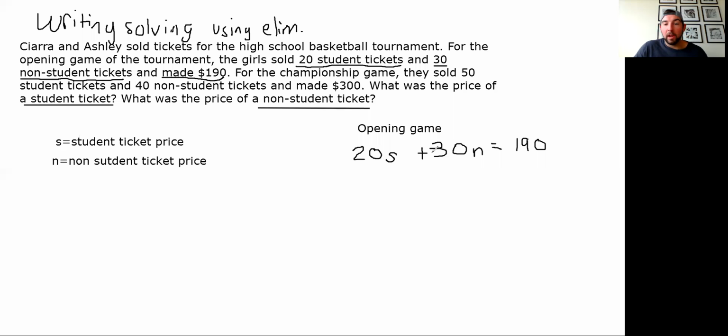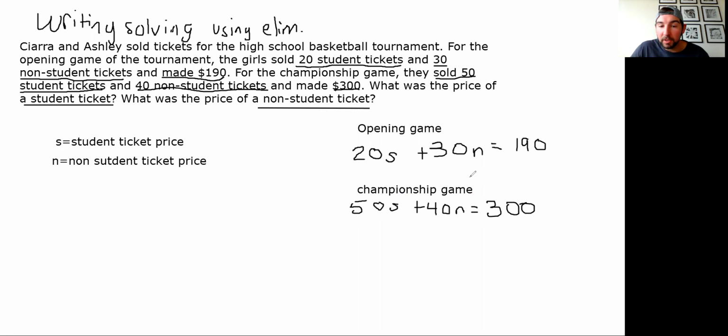My other equation comes from the championship game. In the championship game we sold 50 student tickets and 40 non-student tickets and made $300. So I sold 50 student tickets. I add that to my 40 non-student tickets, and I made a total of 300.